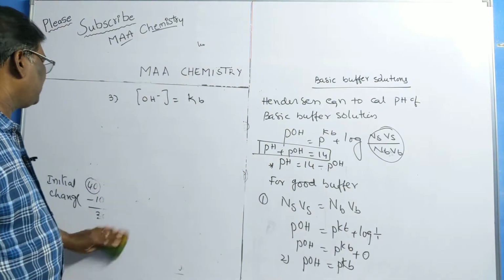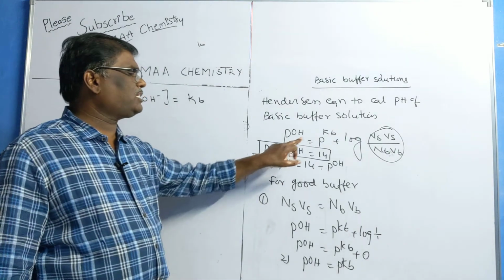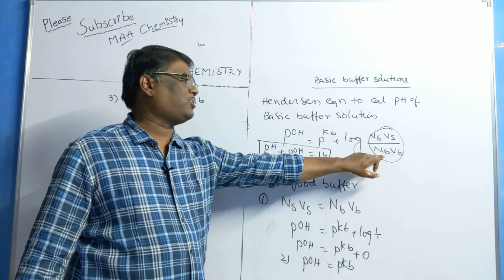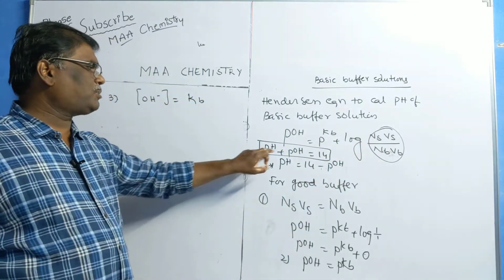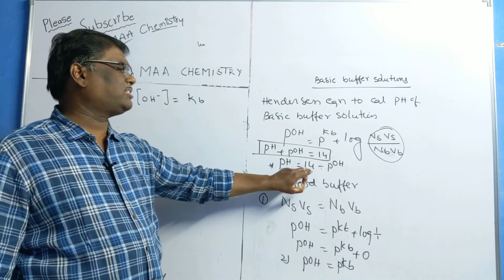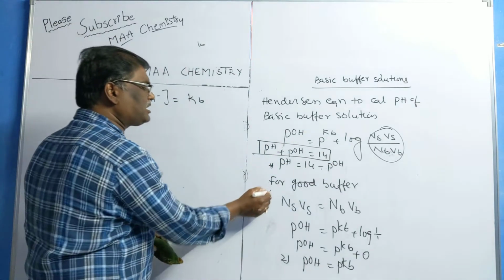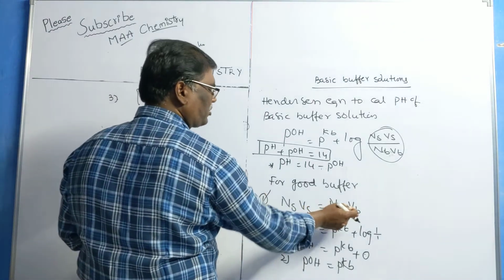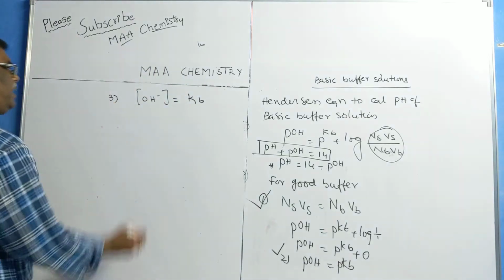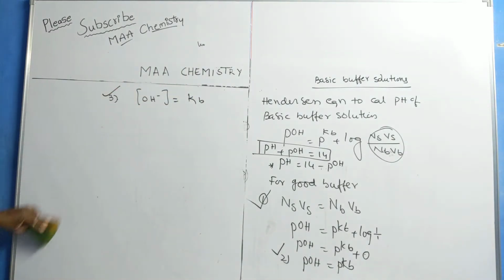With the help of this one, we calculate the pH value. pOH is taken as pKb plus log of strength of salt by strength of base. pH plus pOH equal to 14, we know. pH is taken as 14 minus pOH. For good buffer, condition 1 is strength of salt equal to strength of base. Second one is pOH equal to pKb. Third one is strength of OH minus equal to Kb value.